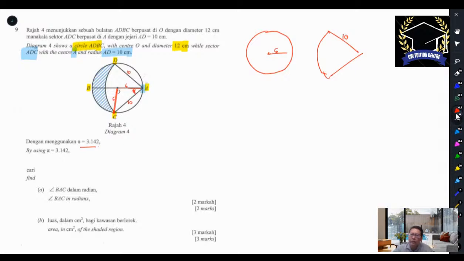Solution of triangle, we just did it yesterday. Angle BAC, we call it theta. So we have this shape with sides 6, 6, and 10. So this is theta.